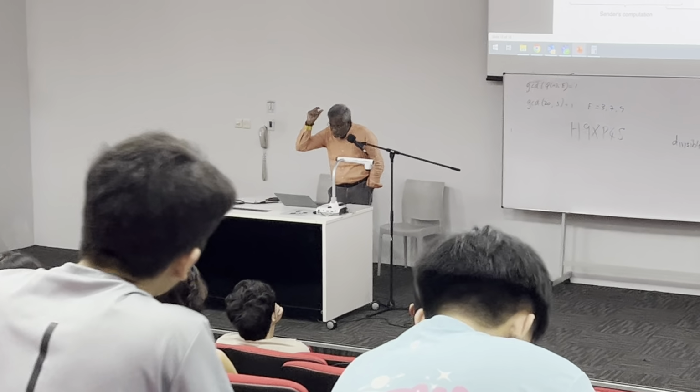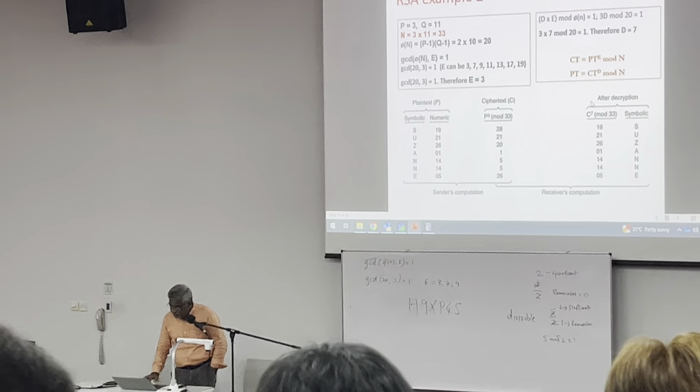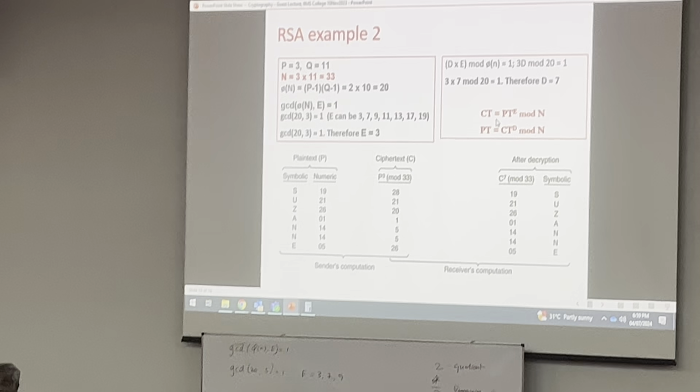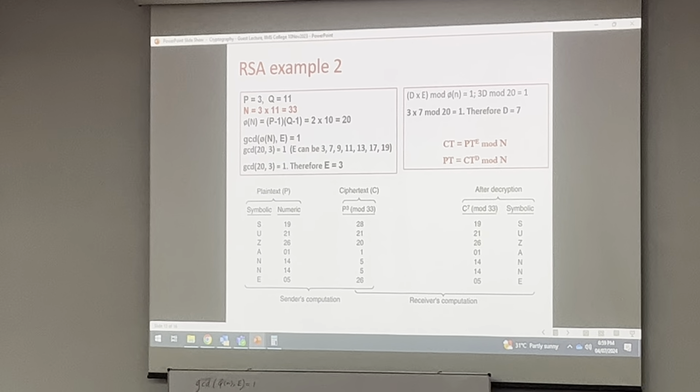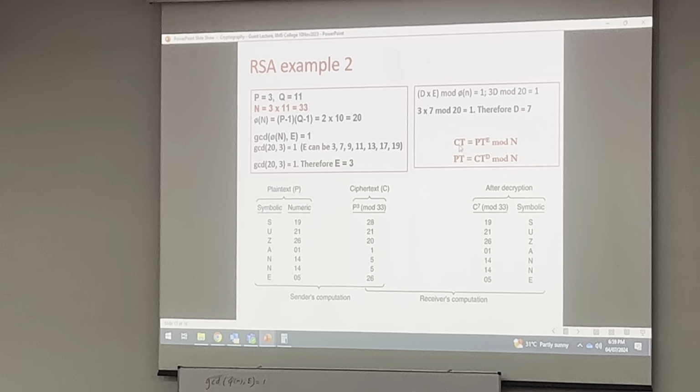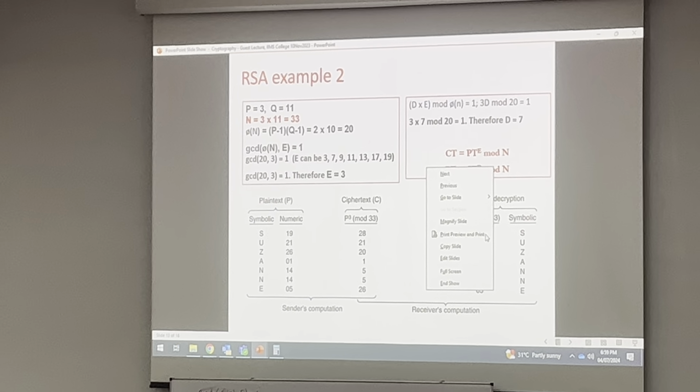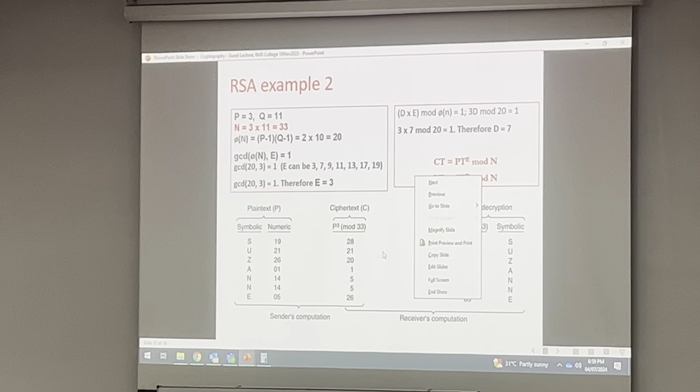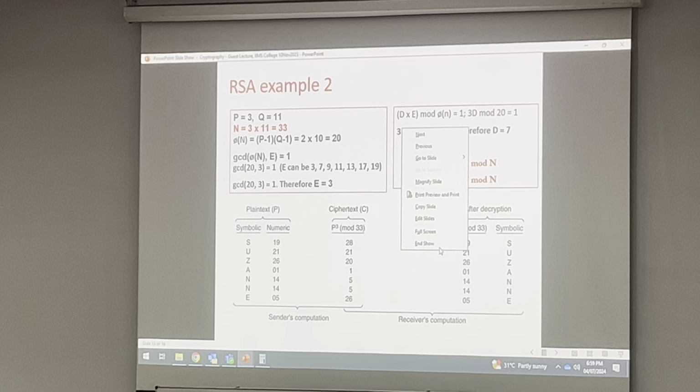We are just going to make a small tweak to the formula here in RSA encryption decryption. To do encryption, we use the formula ciphertext is equal to plain text power E mod n.